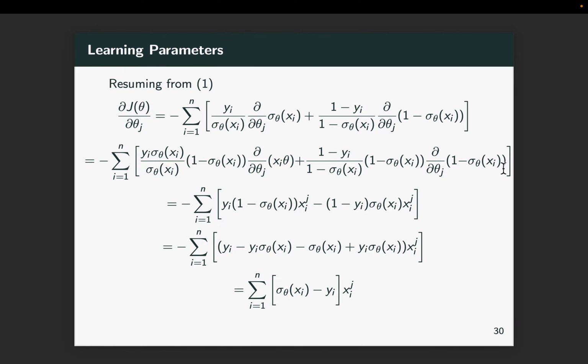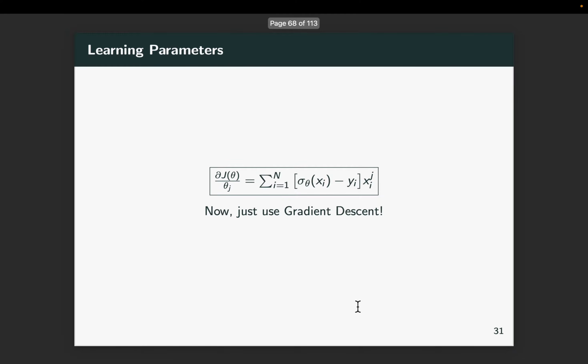Similarly, you can simplify the expression on the right hand side, and once you do a bit of rearrangement of the terms, you'll get the partial of the cost with respect to the jth element of theta to be summation i equal to 1 to n sigma theta xi minus yi into the jth component of xi. Now we can further simplify.